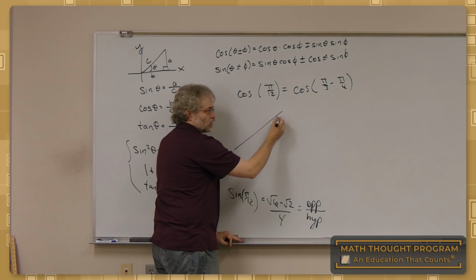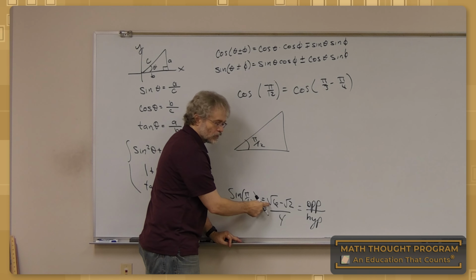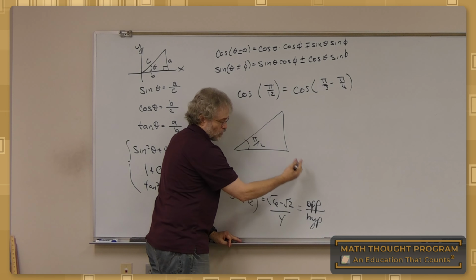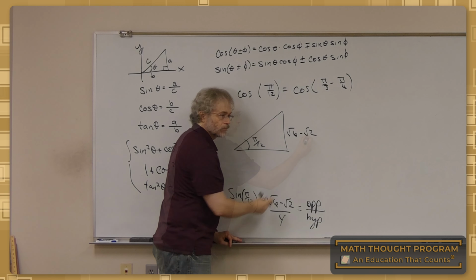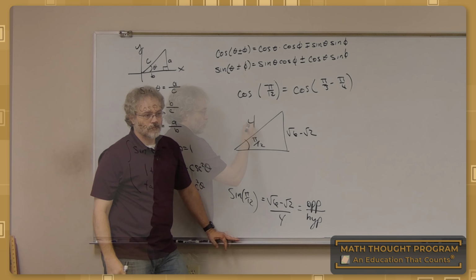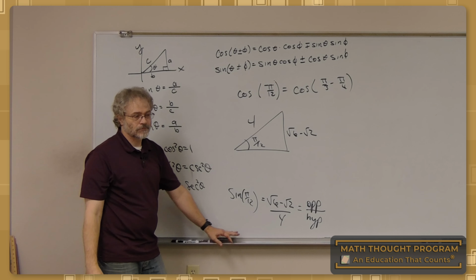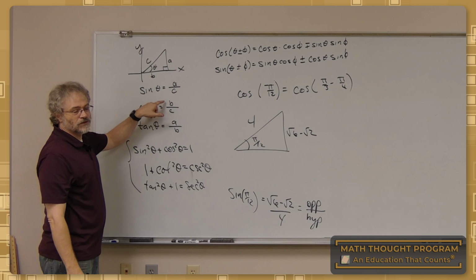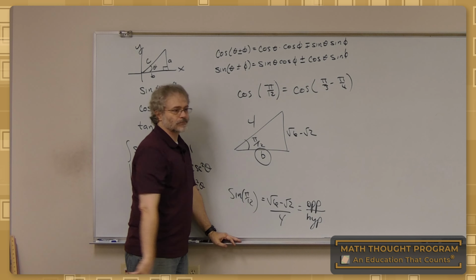I could construct a triangle. The numerator is the opposite side. The denominator is the hypotenuse. And if I want to find cosine, adjacent over hypotenuse, really what I need to do is find this piece right there. And I'm done.